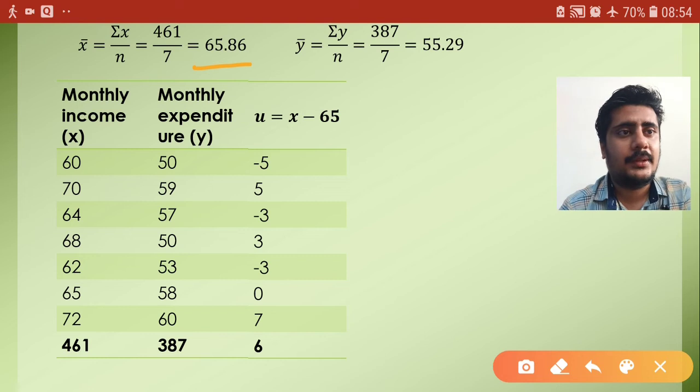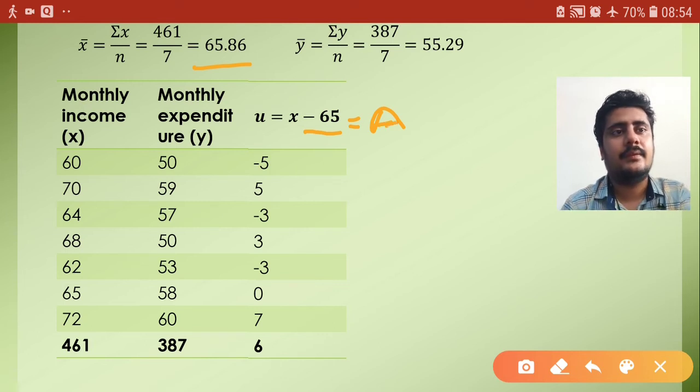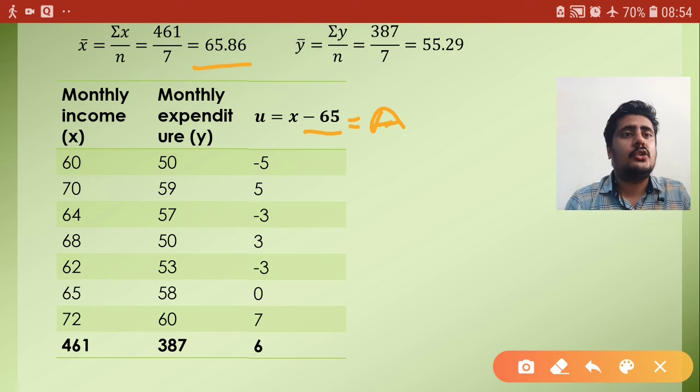We have not subtracted x bar, but a digit closer to x bar, which we will name as a. So this 65 is not x bar, 65 is a. A is for assumed mean. This 65 is the assumed mean. Mean is 65.86, but we have assumed 65.